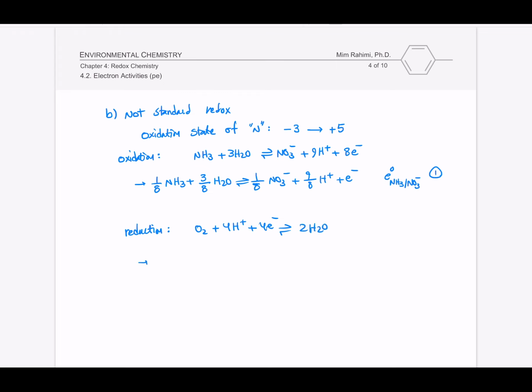And then the standard would be half of water giving us 1/4 of oxygen plus proton plus electron. And the E0 would be basically for O2 and H2O.